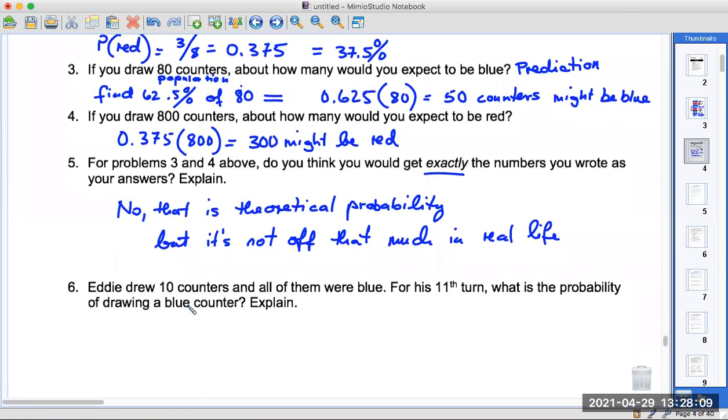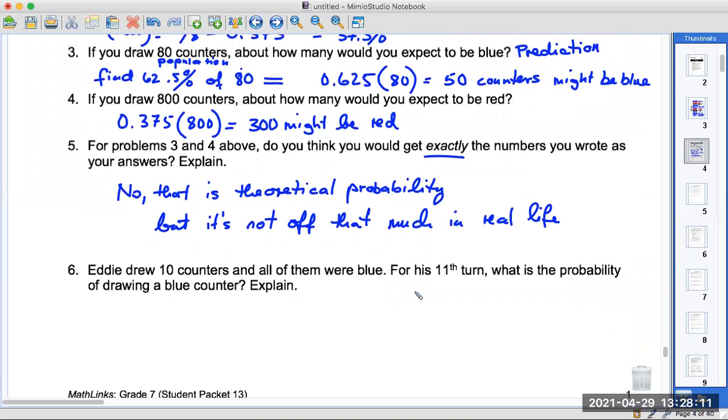Eddie drew 10 counters and all of them were blue. For the 11th turn, what is the probability of drawing a blue counter? It's the same as before. Because each trial is independent, so it's always a new game.